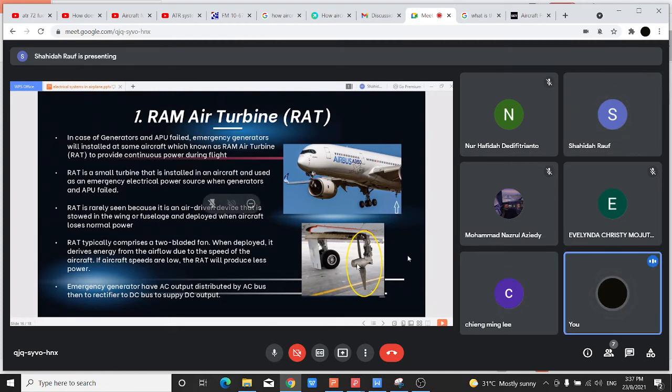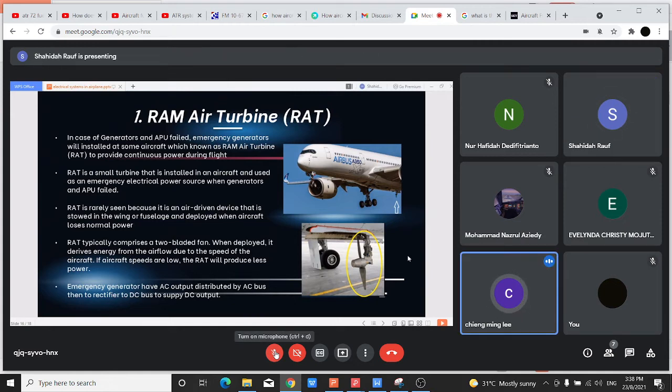If the normal electrical power is lost on the aircraft, to deploy the RAT, does it need electrical power too, or does it use a hydraulic mechanism? It's mainly just a switch to open the latch. Then the turbine drops down by its own weight.